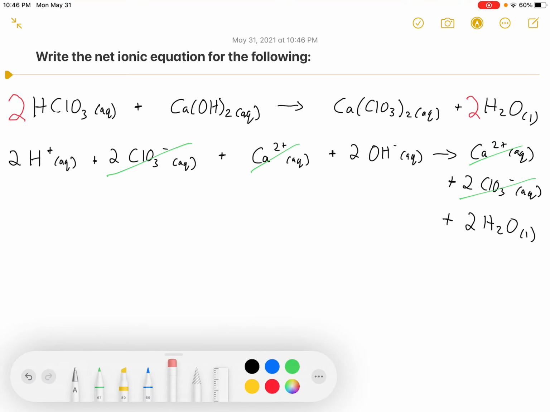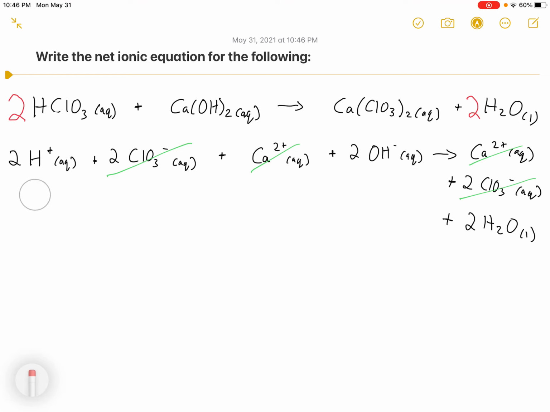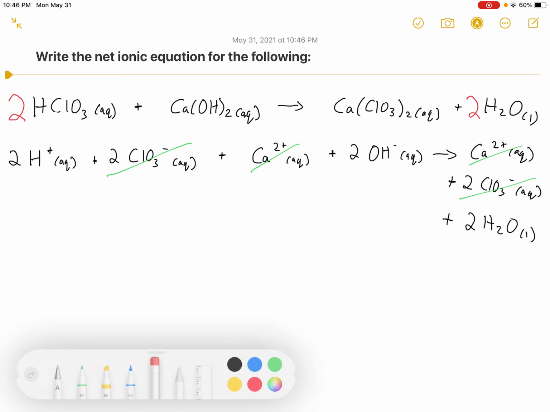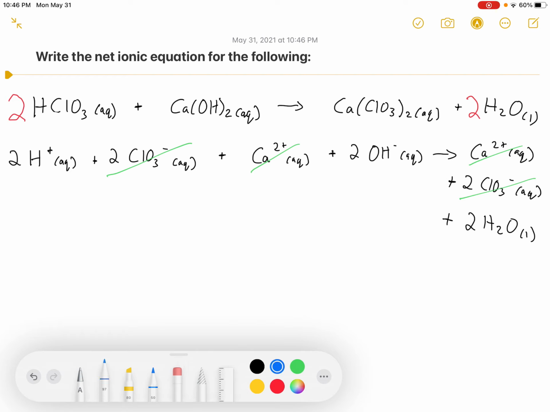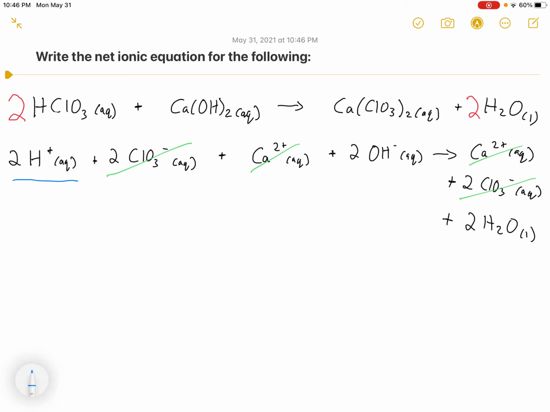And then let's just go back and look through here. So we have the 2H plus, there's nothing on the right side, the 2OH minus, and there's nothing identical on the right side, and the left side also doesn't have the water. So with that, we pretty well identified what our main ions in the net ionic equation are.